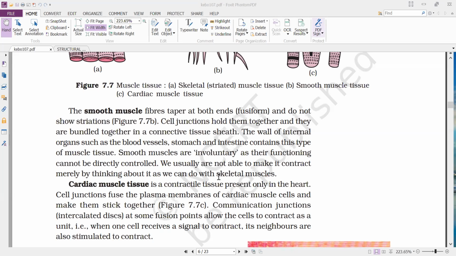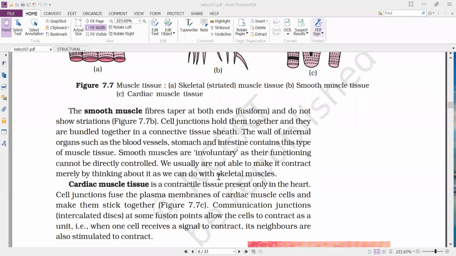Once the food enters the cardiac stomach, the anterior part of the stomach, automatically the process of digestion starts. So we are unable to contract or relax smooth muscle by merely thinking about it or sending instructions directly, but skeletal muscles we can.